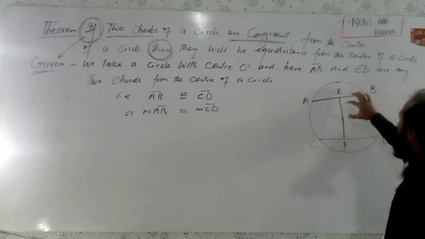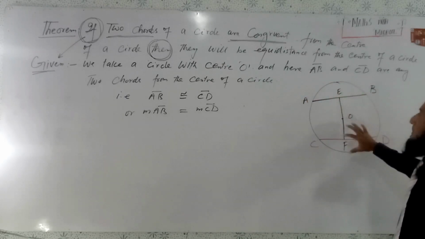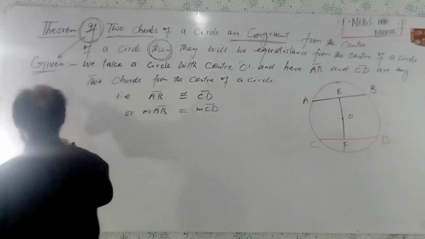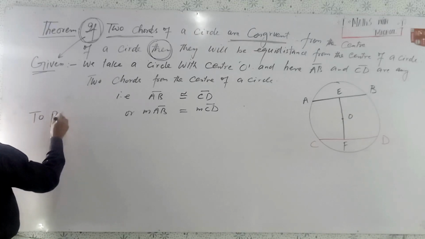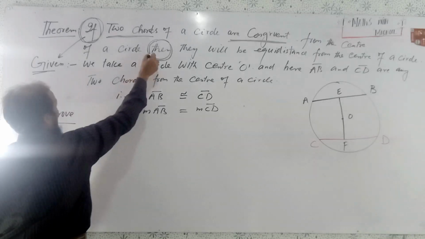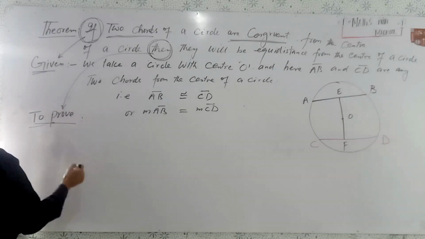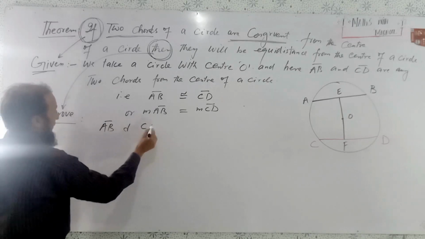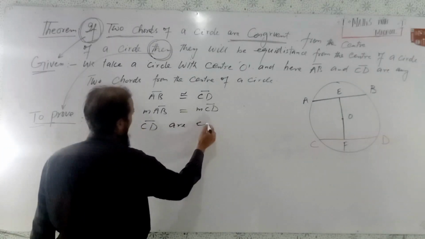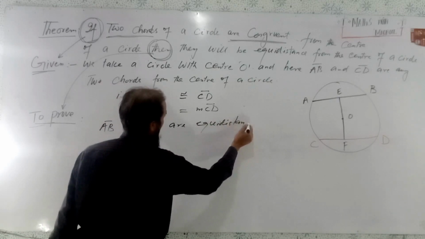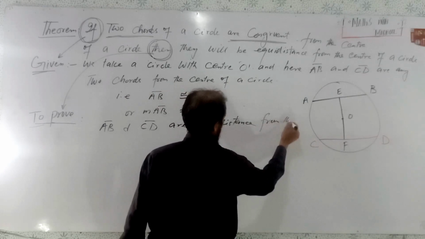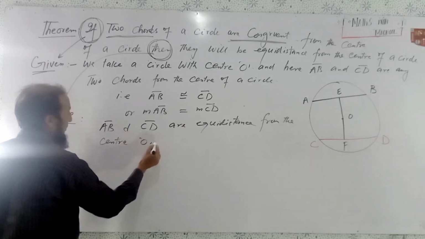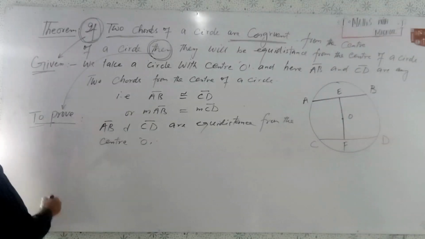We want to prove that these perpendiculars are equal, that is, the chords AB and CD are equidistant from the center O. We want to prove that.